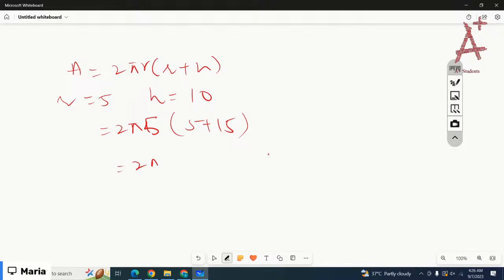That would be 2 pi times 5 times 15, which is 75 centimeters squared. It would be 471.238.